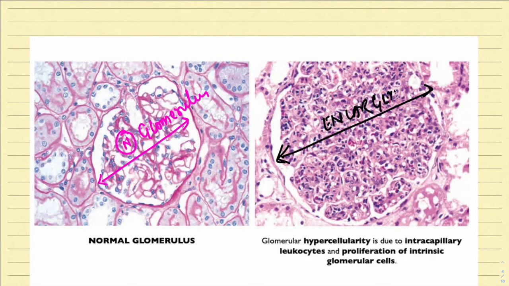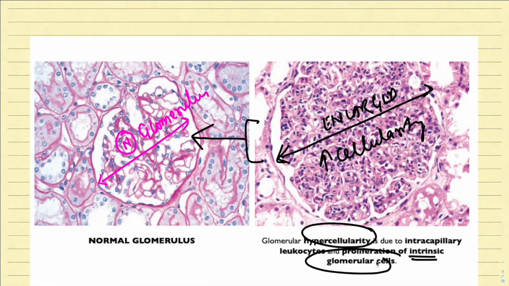Yes, you will agree with me. And can you see that there is increased cellularity? If you compare this glomerulus with this one, you will be able to appreciate the hypercellularity, because of infiltration of leukocytes and proliferation of the intrinsic glomerular cells, that is the mesangial cells and the endothelial cells.